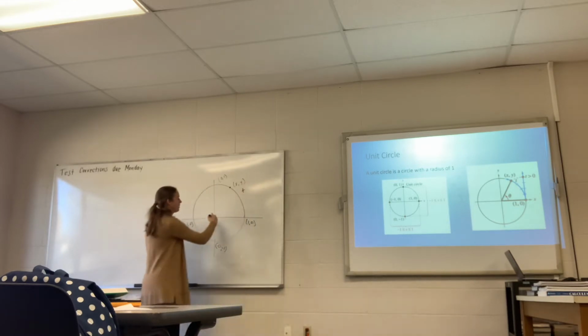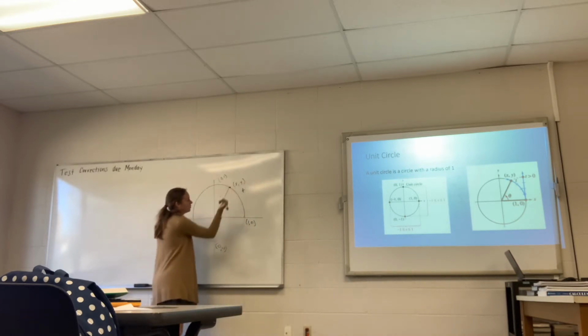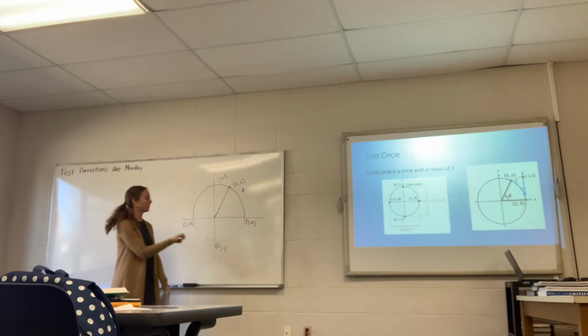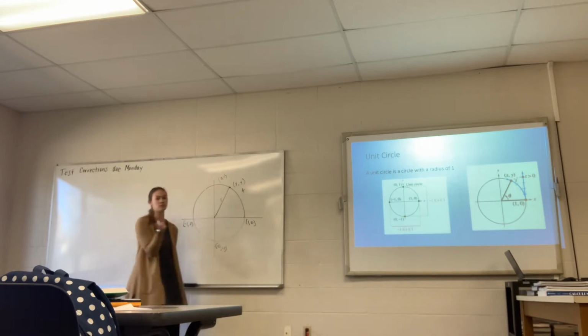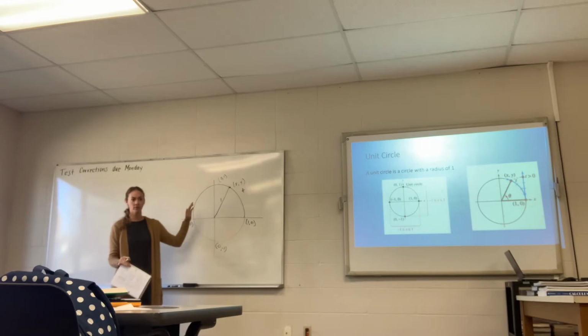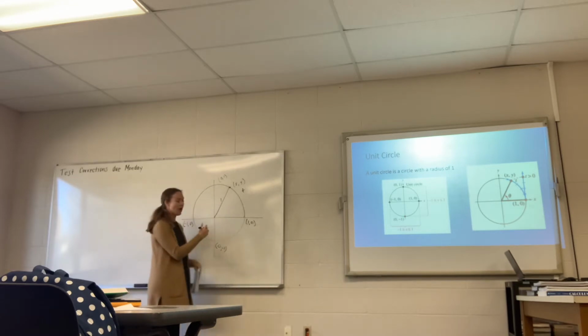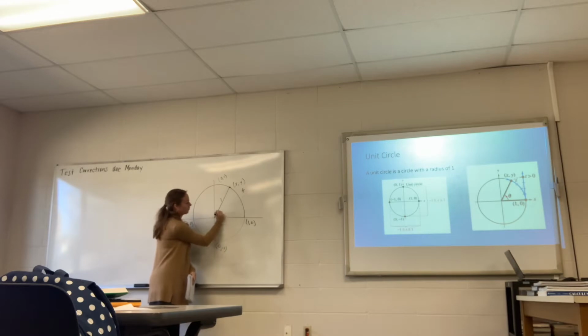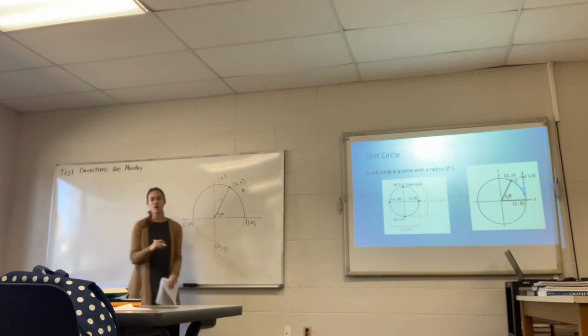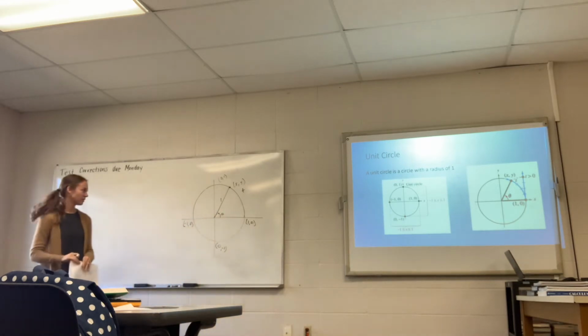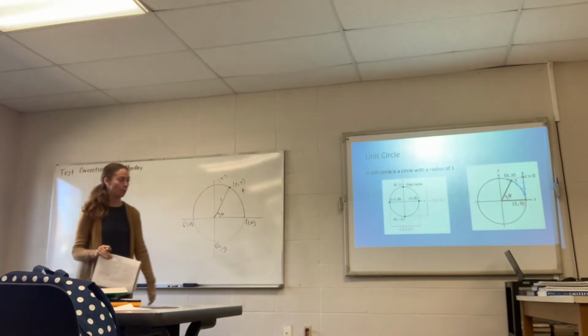Then you can go from any angle to that point, and this radius is still 1. We're given that information. And with angles, we always start at our x-axis and go from there. So then we would have some angle theta. That's all given information that we know.